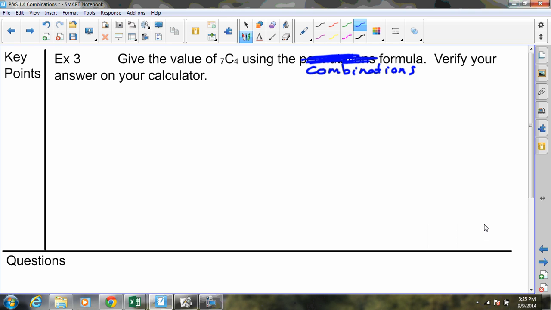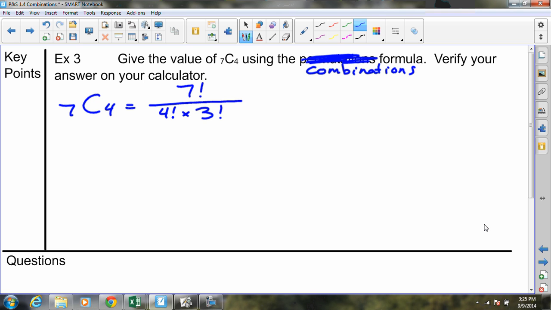All right, so when we have 7 choose 4, what goes on top? Just the 7, the first number. Thank you, Clint. What goes in the denominator? 7 minus 4. 7 minus 4 is 3. That is always going to be there. That difference, whether it's permutations or combinations, it goes in. What's the other piece for combinations that you need?